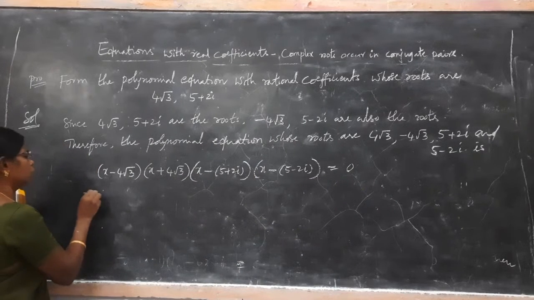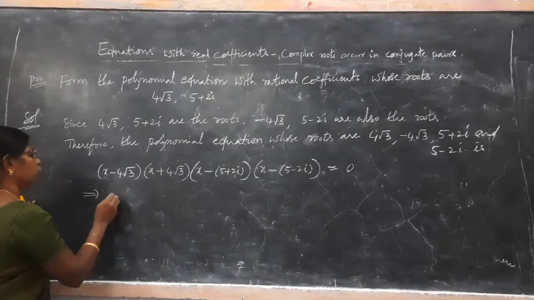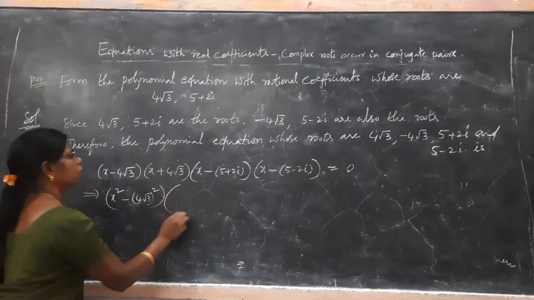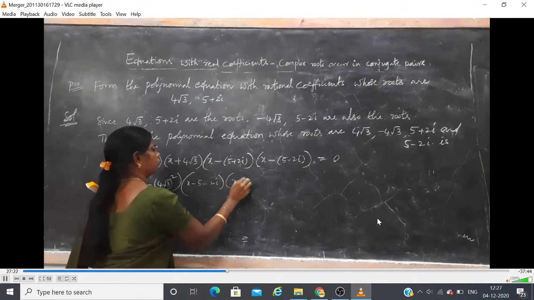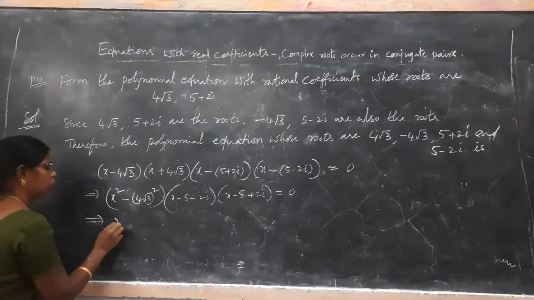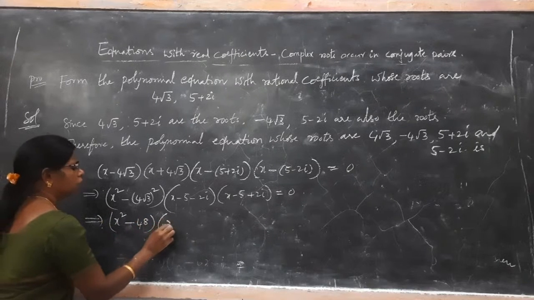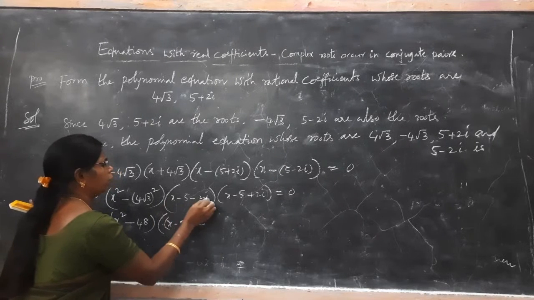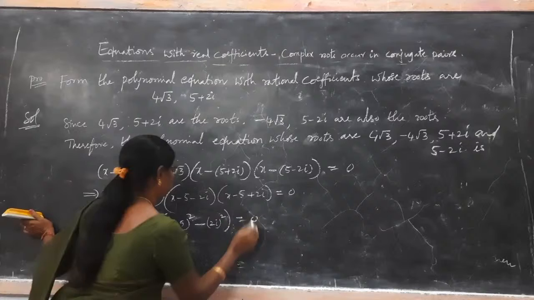Okay, this implies now we just simplify and multiply. So see these two: a minus b, a plus b, x square minus 4 root 3 whole square, a square minus b square. Here also x minus 5 minus 2i, x minus 5 plus 2i, I write like this. This implies x square minus 16 times 3, which is 48, into x minus 5 whole square minus, using a minus b a plus b, a square minus 2i whole square is equal to 0.